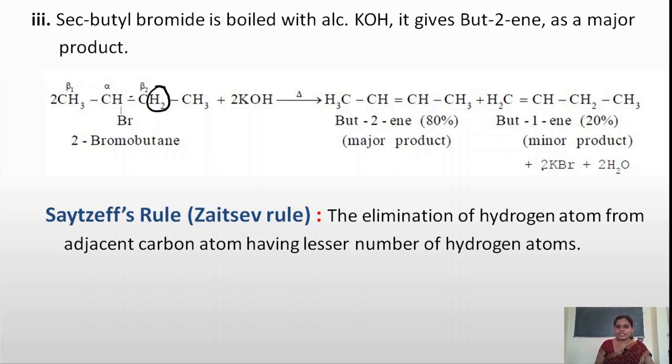So there is a formation of KBr and H2O in this reaction.